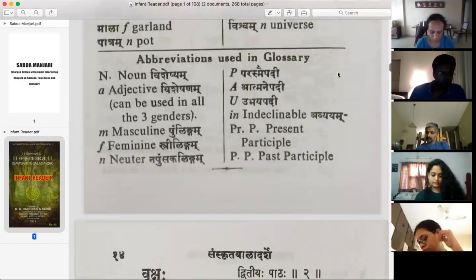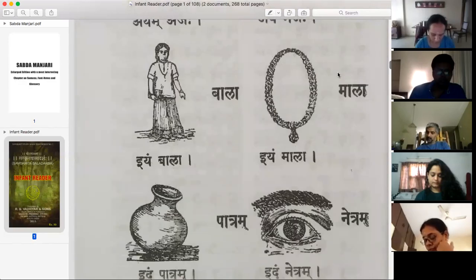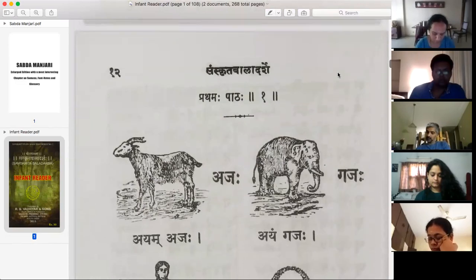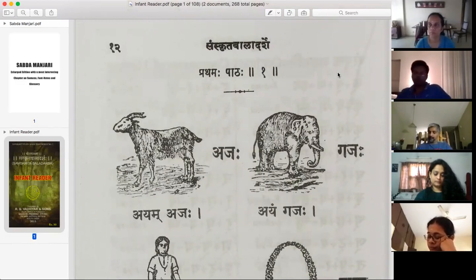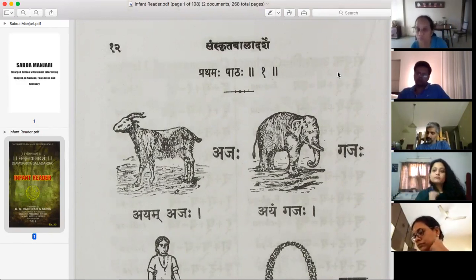Okay, so this is the proper way of looking at a sentence. So you understand the process. First, you identify the verb, and then you have to identify the nouns. The nouns always revolve around the verb.